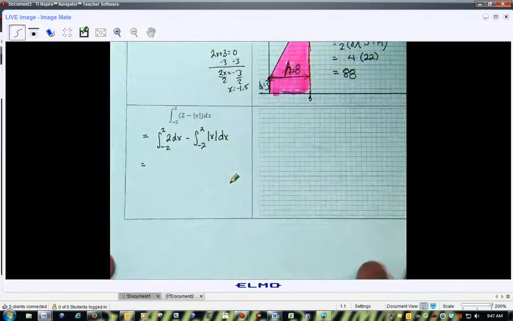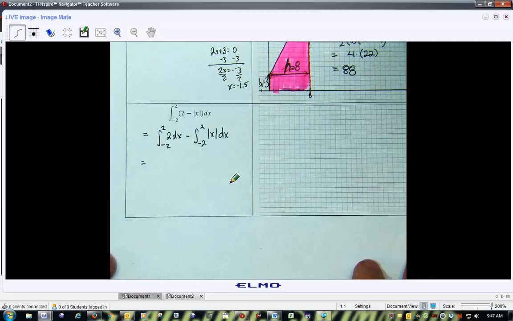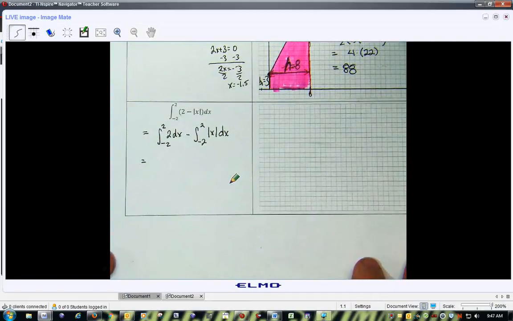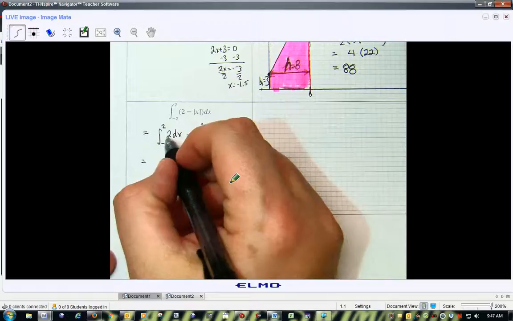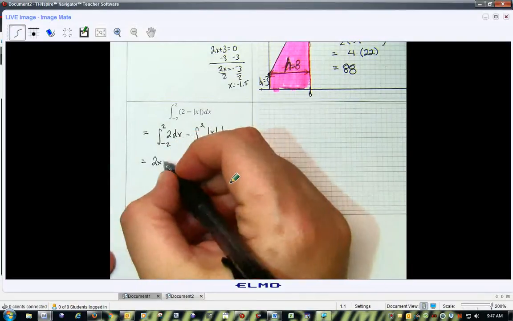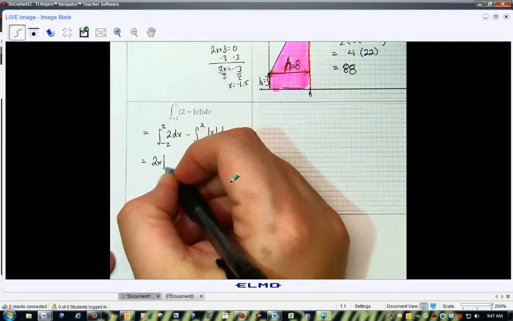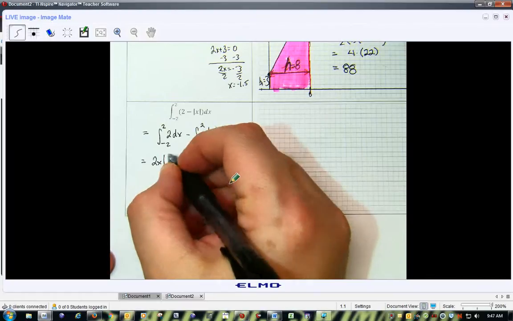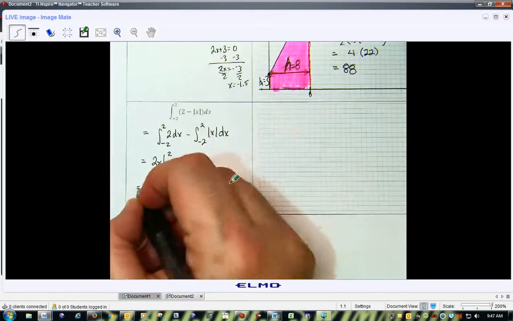Now, we can use a combination of the graph and an actual integral rule. So what's the integral of 2? 2x, and we want to integrate that from -2 to 2.